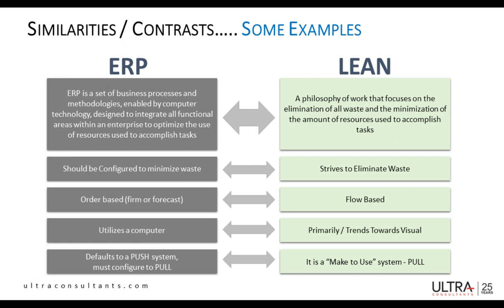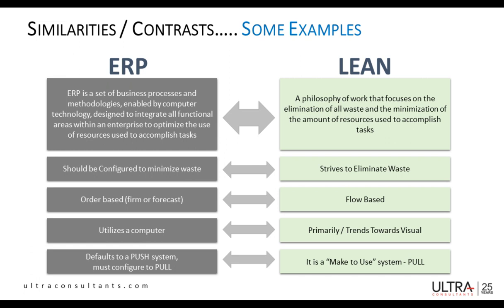There are similarities and contrasts, and again, this topic by itself is fairly meaty, so I'm just going to give a flyby on a couple. On the left-hand side, we have ERP and ERP technologies. On the right-hand side, lean enterprise thinking. If we were to contrast the two, you'd start on the left. ERP, you've got a set of business processes, methodologies.